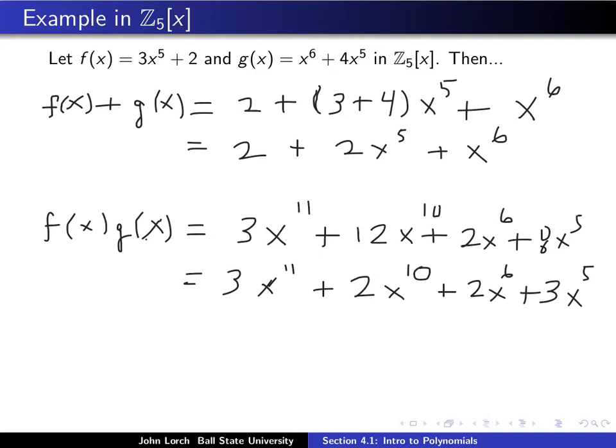Now, you might notice that we're working over Z5, but we have some exponents here, like 11, that are much larger than 5. And I want you to remember that it's only the coefficients that are living in this ring Z5. The exponents on x are whole numbers. And so we don't want to take 11 and reduce it to 1 modulo 5, because those exponents are not living in Z5.